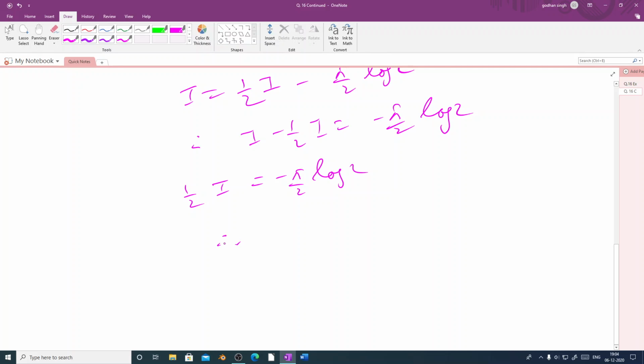So therefore half and half can be cancelled out, and we'll be getting I equal to minus pi log 2. So this is the answer of question number 16. So with this, question number 16 is complete.